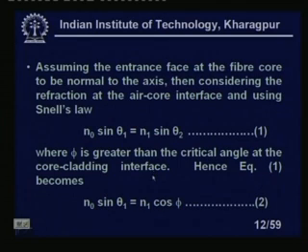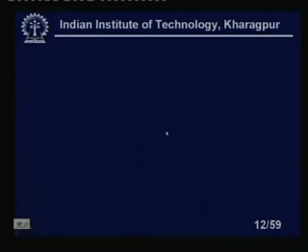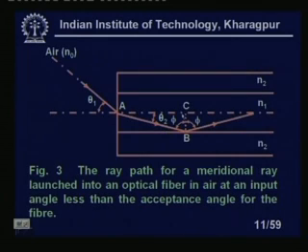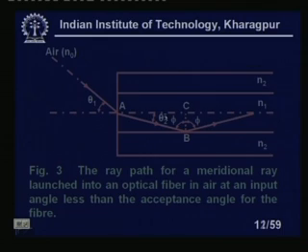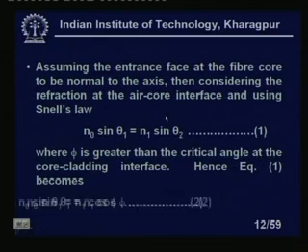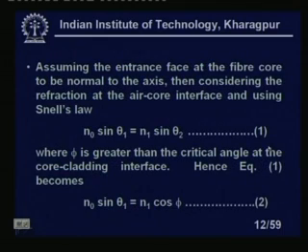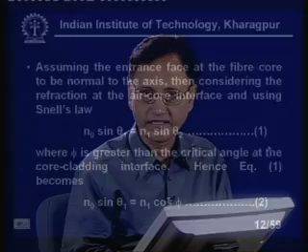Hence equation 1 becomes, if we go here, you see this is 90 degrees. So obviously this is theta 2, and phi will be 90 degrees minus theta 2. Where phi is greater than the critical angle at the core cladding interface, otherwise there will be no total internal reflection.